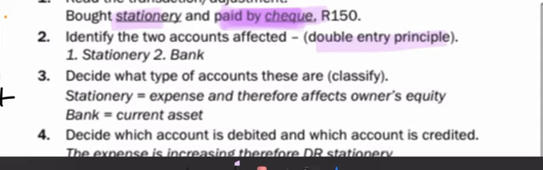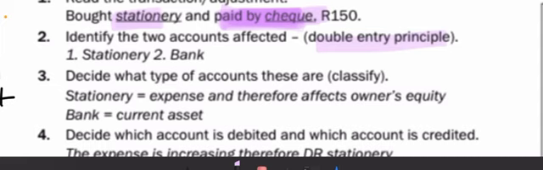Remember, certain types of entities work differently, so you need to make sure that you understand the industry that you're working with, right? In this case, we're just working on the assumption that it's a normal business that does not sell stationery.